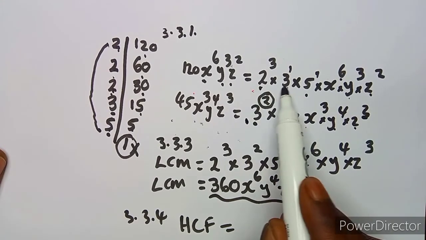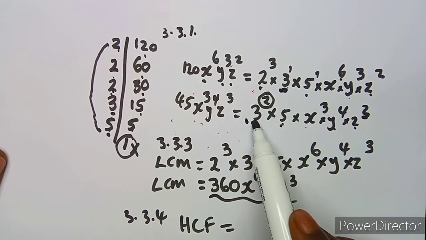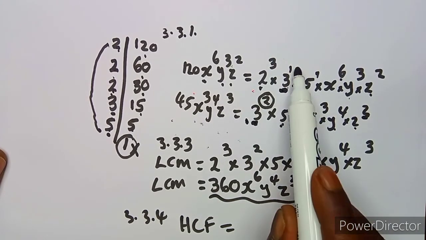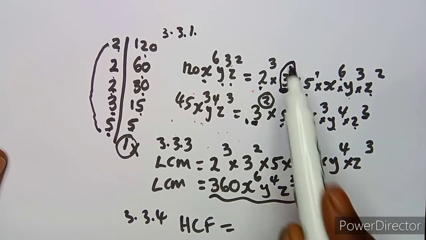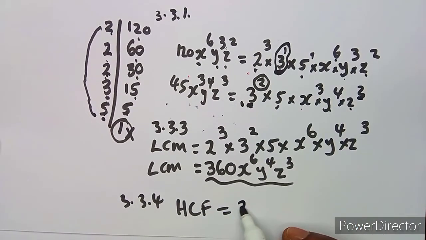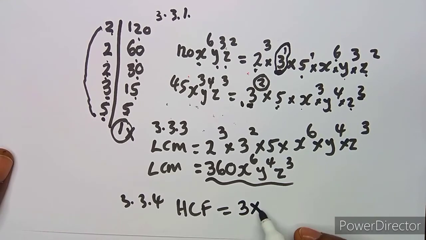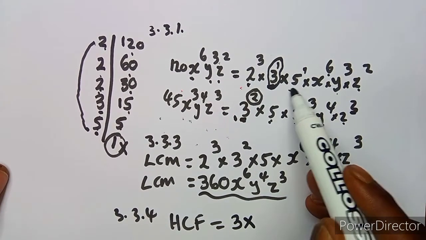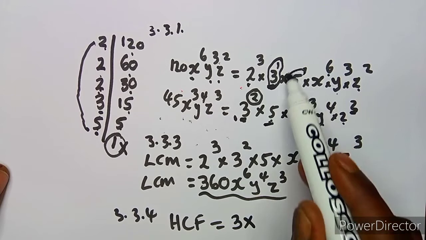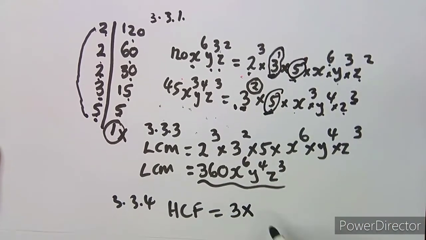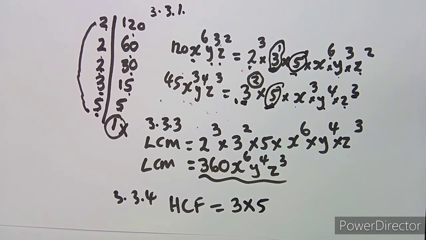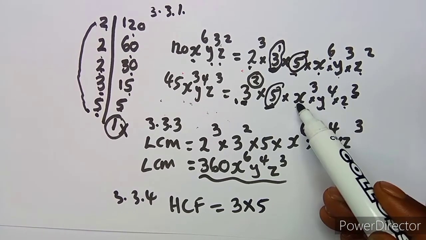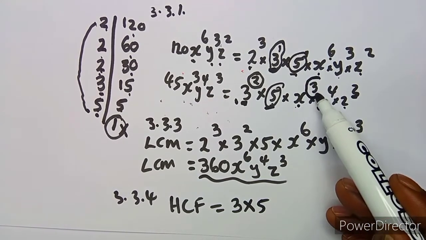Okay, we move on to 3. We've got 3 here, we've got 3, but which one has got the smallest exponent? So it's this 3 to the exponent of 1, which is same as what? 3. We move on, 5 here is common also, and it is the same exponent, so you're just going to take it as 5. All right, x is common, but which one has got the smallest exponent?